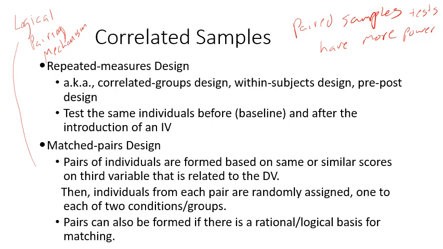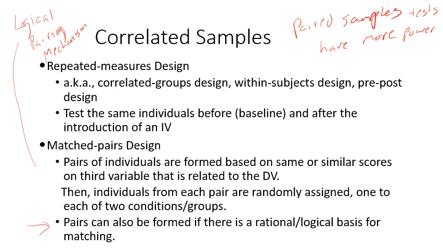That's pretty difficult to do. That's rare to do. What is more likely is this at the bottom. That is that pairs are formed on a logical basis for matching. This is like if you did identical twins and you assigned one identical twin to one condition and the other identical twin to the other condition. Or if you had couples.